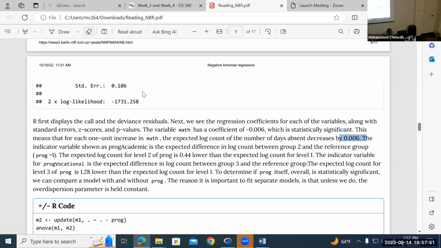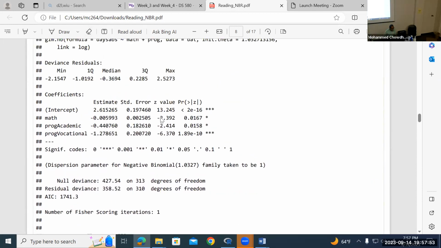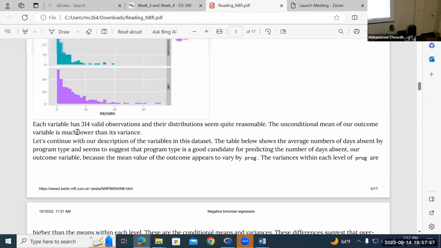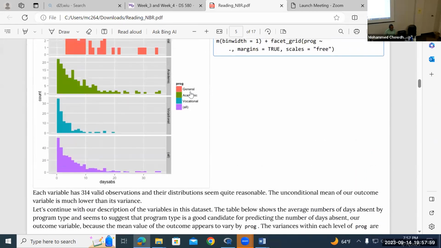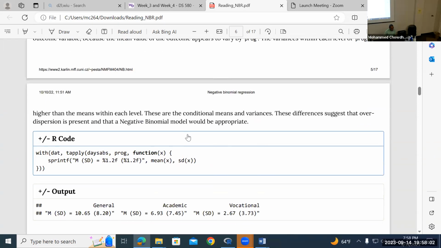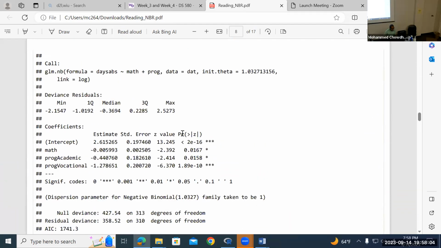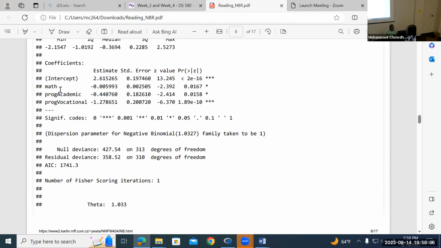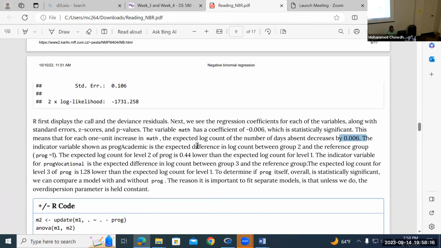One is called vocational, another one is called academic, and another one is known as general. So general has been put as the reference category. The remaining 2 have been put as comparison categories.